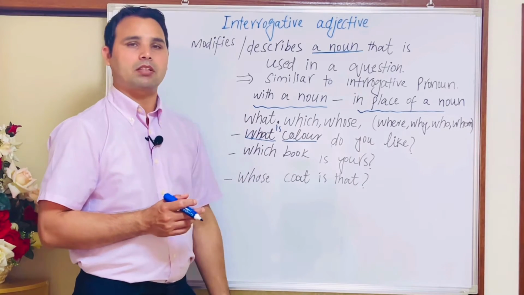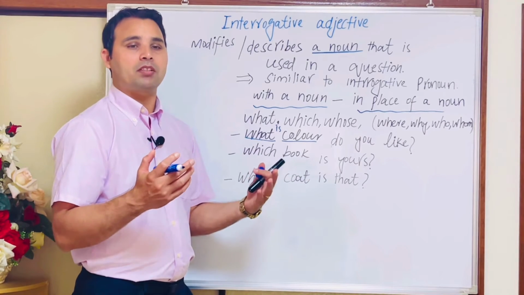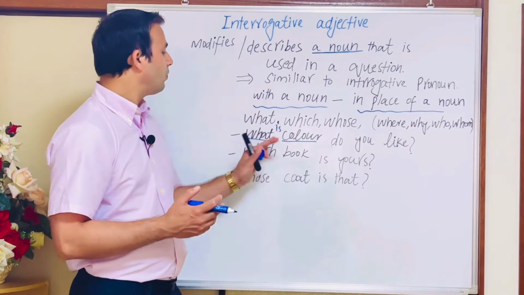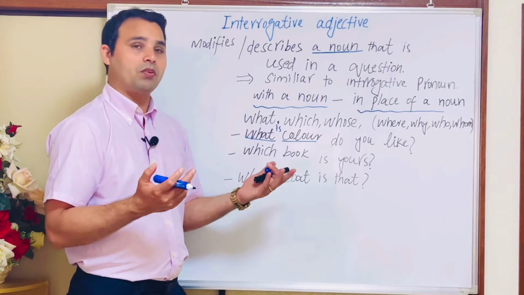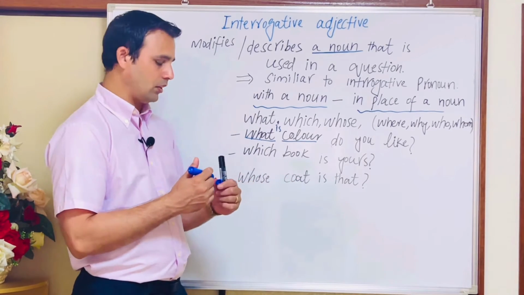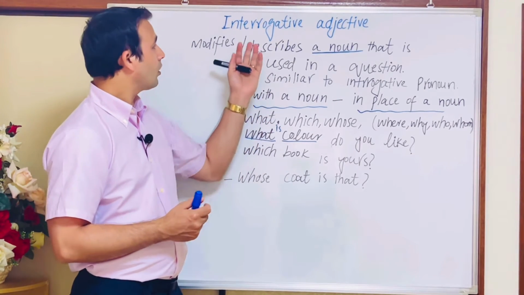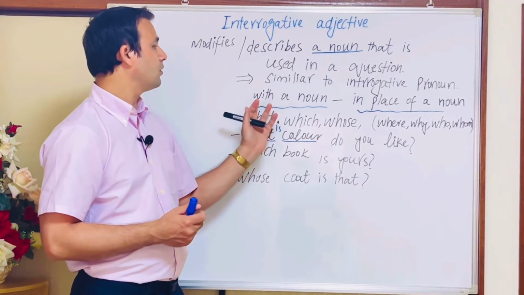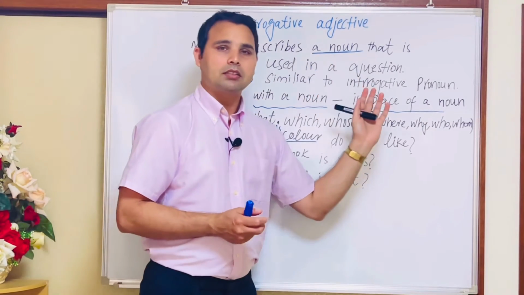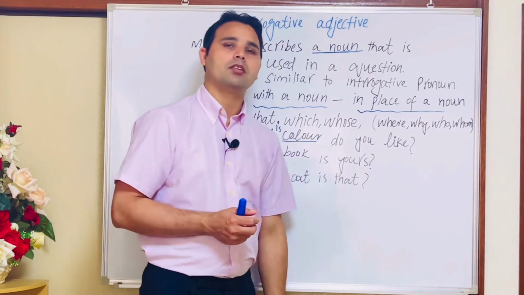What is your favorite color? Very different as a question. What color do you like? That is a totally different question. So you must remember that interrogative adjectives are used with a noun and interrogative pronouns are used in place of a noun.